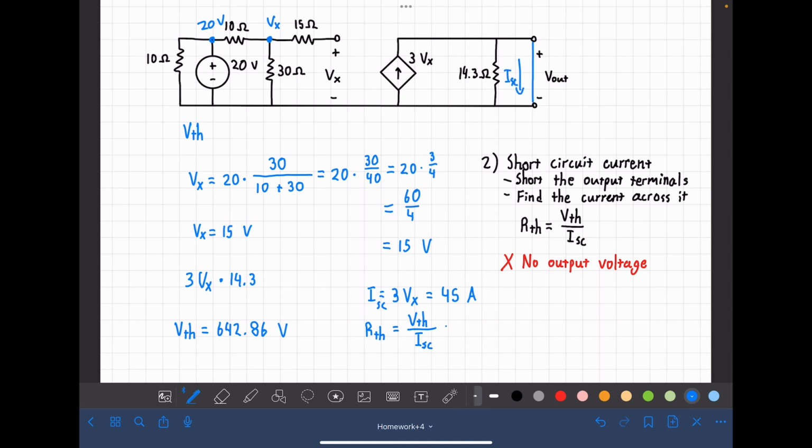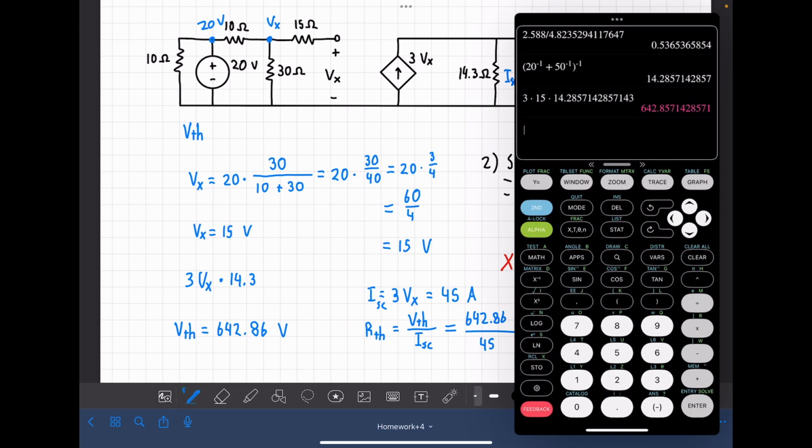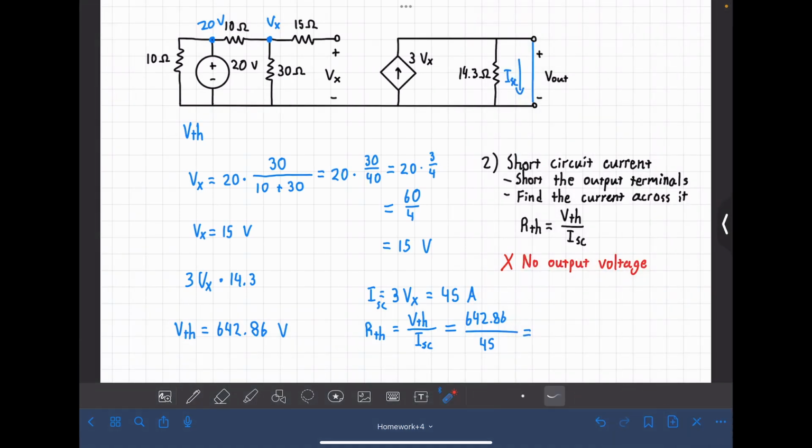So that is 642.86 divided by 45, which is 14.28. So yeah, the same resistance we had here. Alrighty.